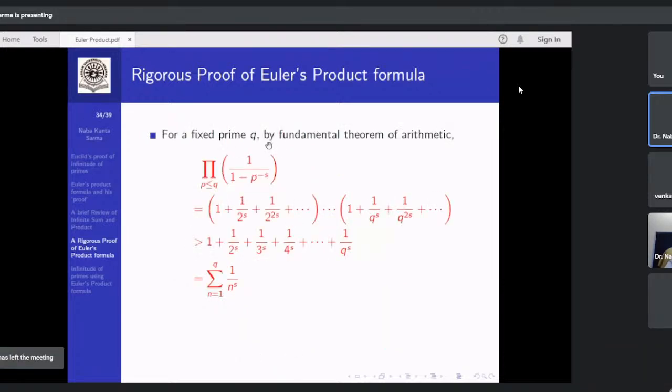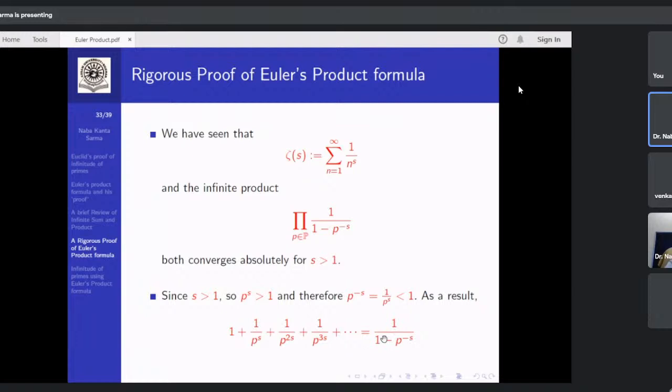Now for a fixed prime q, by the fundamental theorem of arithmetic, if I multiply, you see this is the partial product of the infinite product. Here we have multiplied up to a prime q. q is a fixed prime. So this is a finite product now. If I expand, just now we have seen that each term is a series like this.